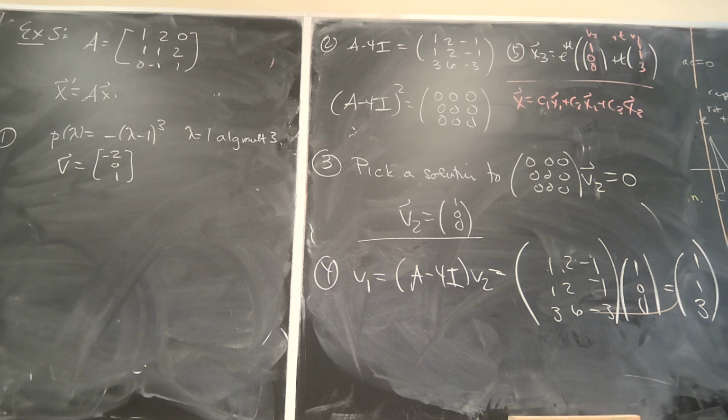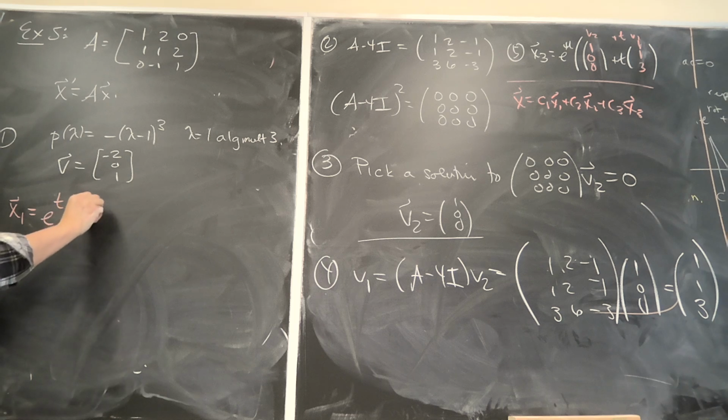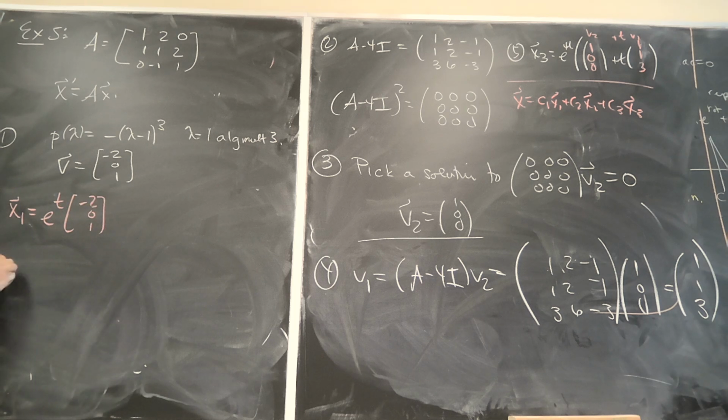So I can write down one solution. x1 is equal to e to the t times minus 2, 0, 1. And now I need an x2 and an x3. I'm missing 2 vectors. The geometric multiplicity is 2 less than it should be instead of 1.